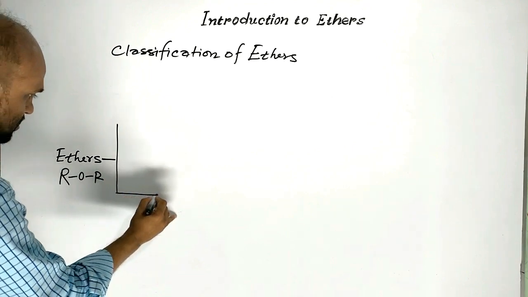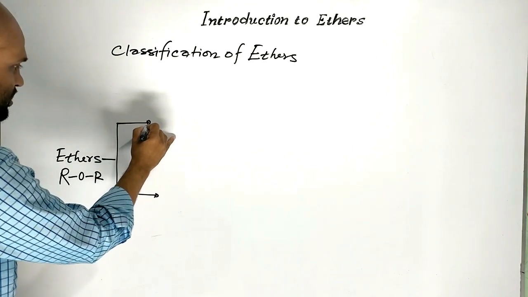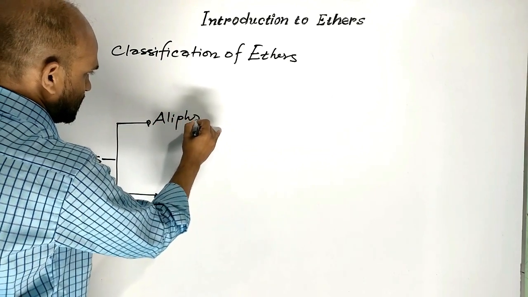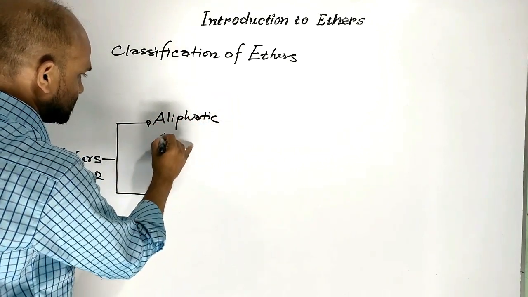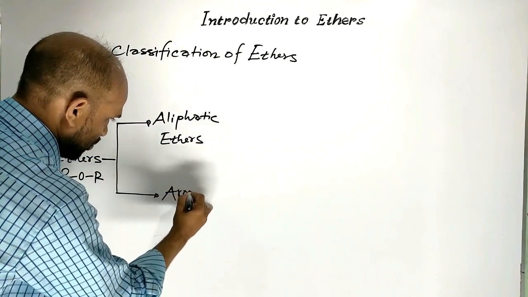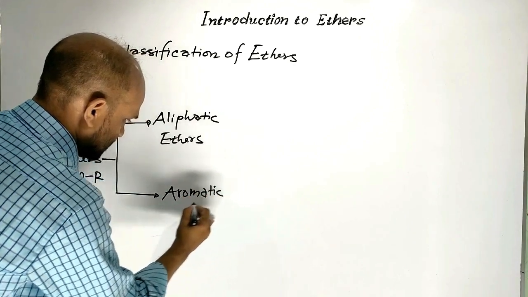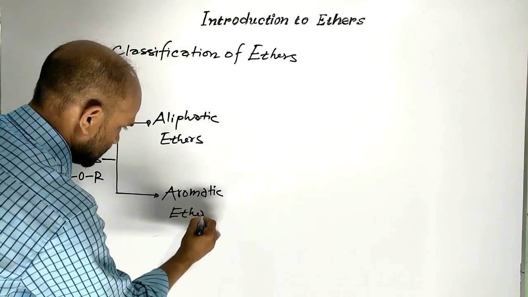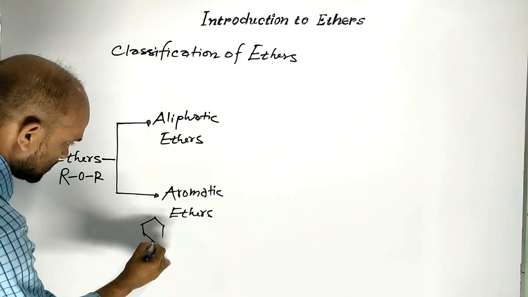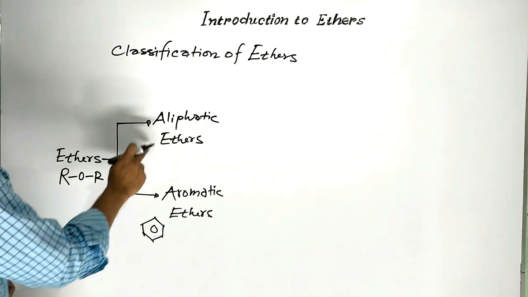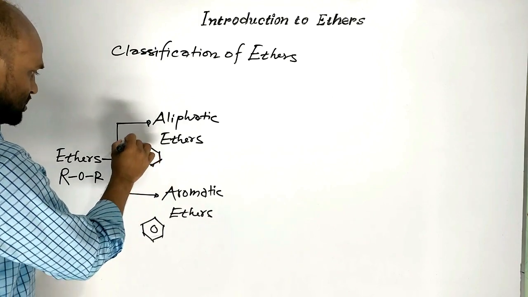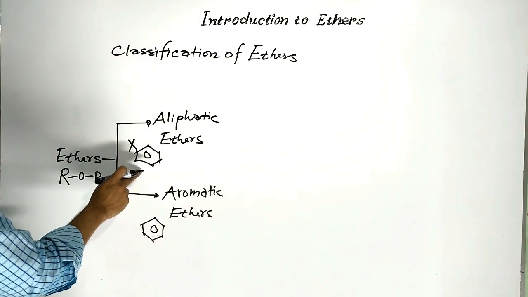Ethers are initially classified into two groups: aliphatic ethers and aromatic ethers. Aromatic ethers contain a benzene ring, but aliphatic ethers do not contain any benzene ring.